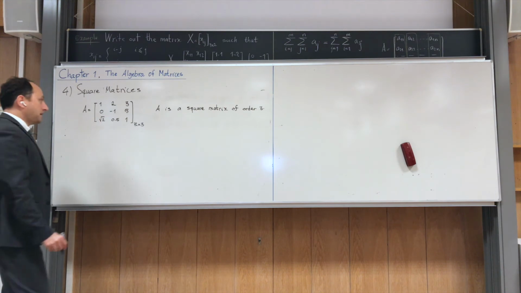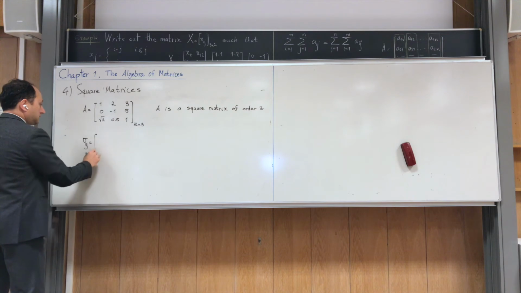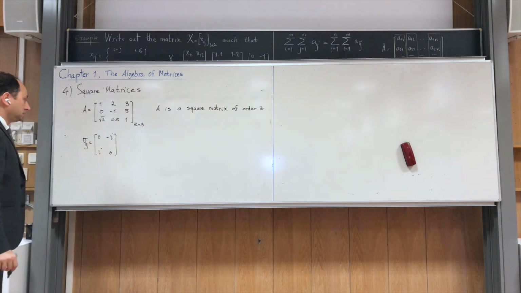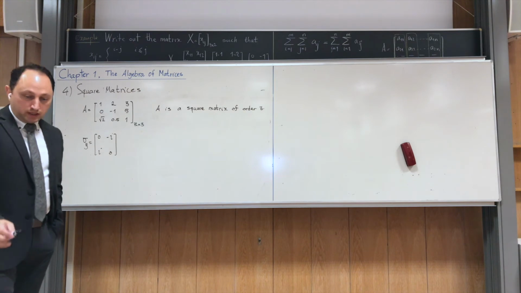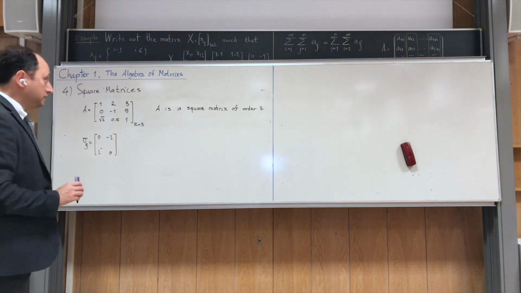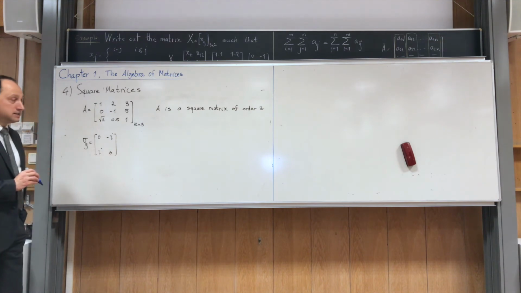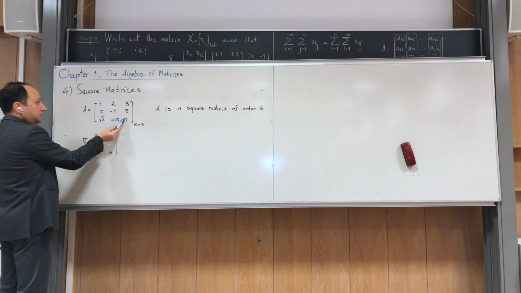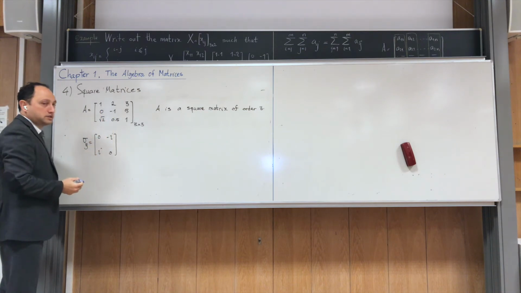So for example, the Pauli matrix that I mentioned earlier, sigma y, is a 2 by 2 matrix, which is a square matrix, and that is also a square matrix of order 2. But what is important when it comes to square matrices is the diagonals of the square matrix. Yes? So we say that these entries here form the main diagonal of this matrix.